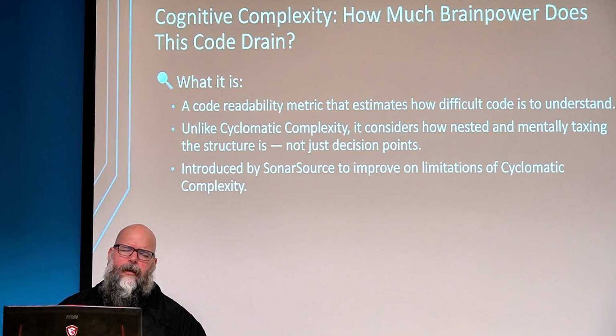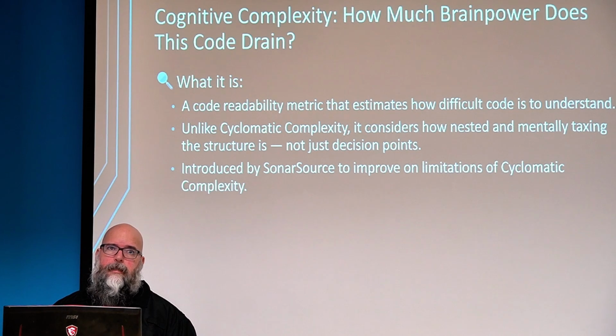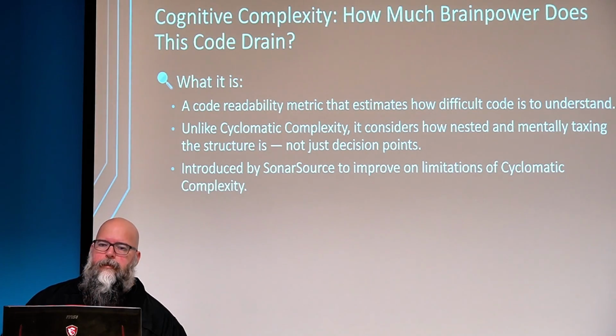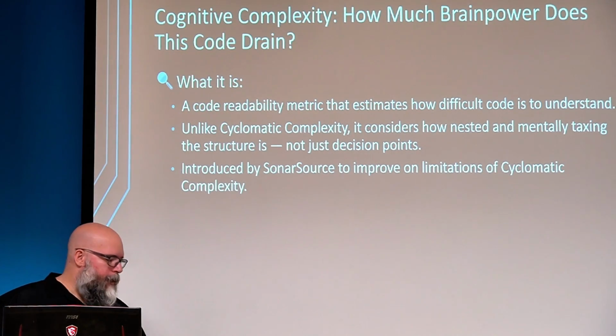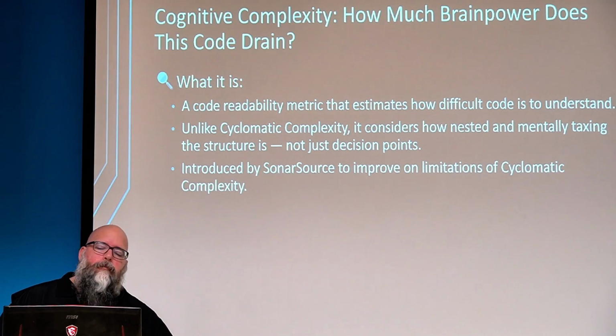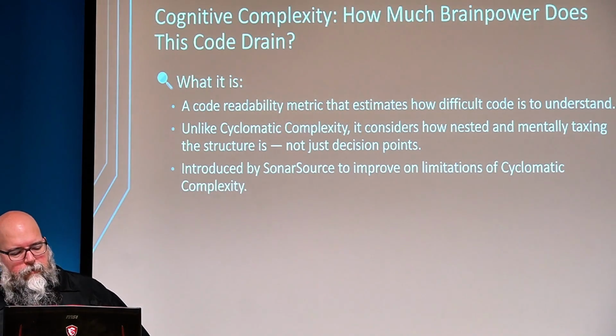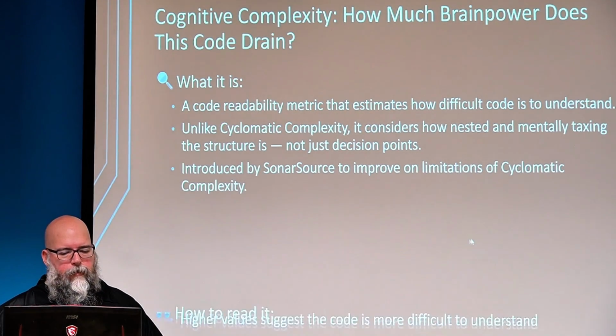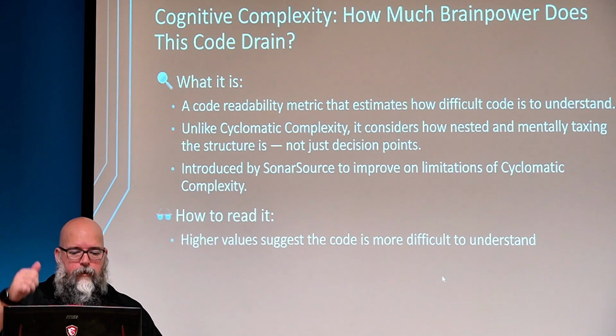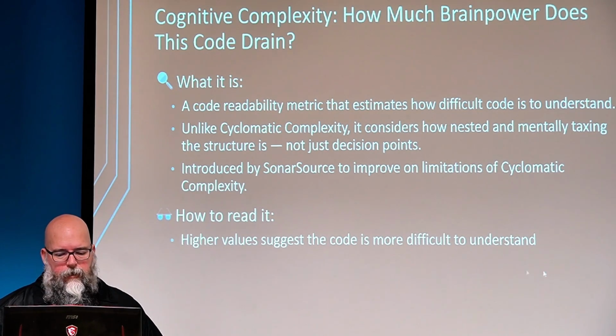Matthias Koch, that's a German name, I think. Anyway, he's written a plugin for Rider that will actually show you the cognitive complexity, and I'll show you that in a second. So higher values, it's tougher to understand.